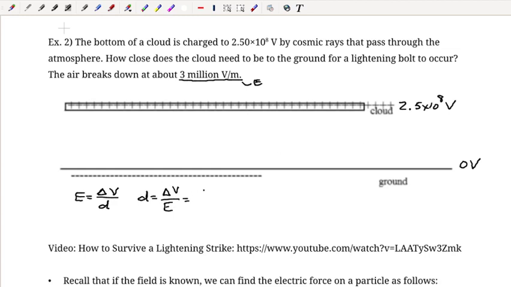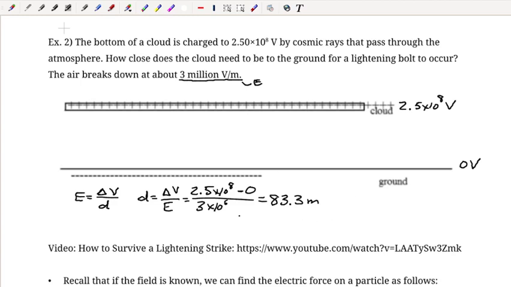So my top V is 2.5 times 10 to the 8 volts minus the 0 from the ground, divided by 3 times 10 to the 6. And this gives me a separation distance of 83.3 meters.